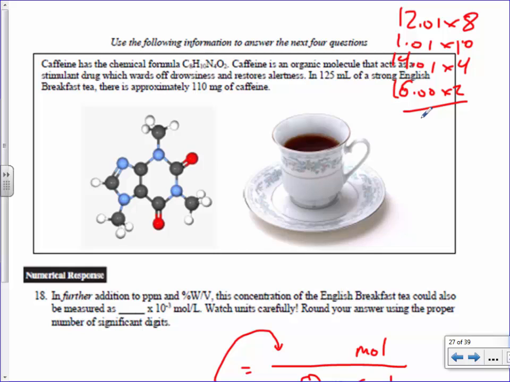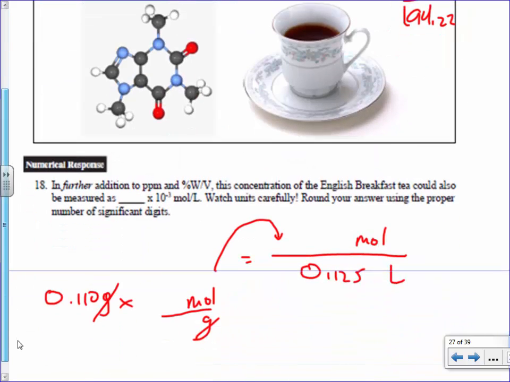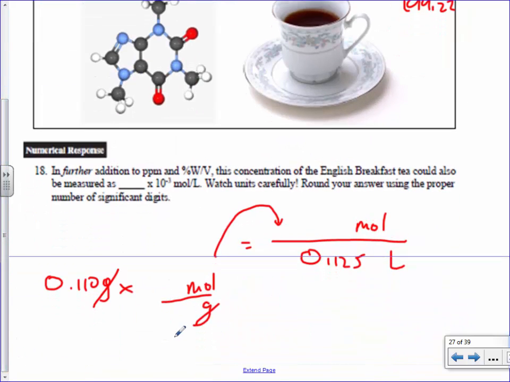Just don't screw up, right? Just make sure you can get that number without mistyping something. 194.22. Okay, 194.22. Where does that number go down here then?